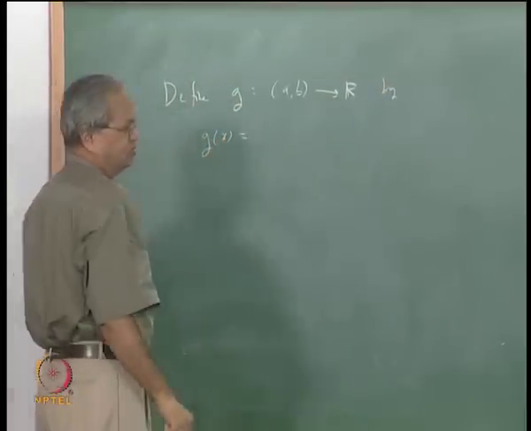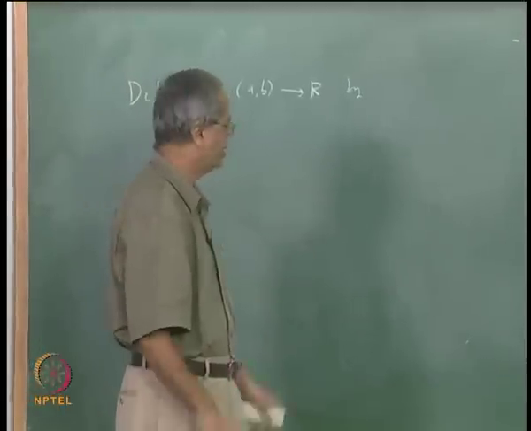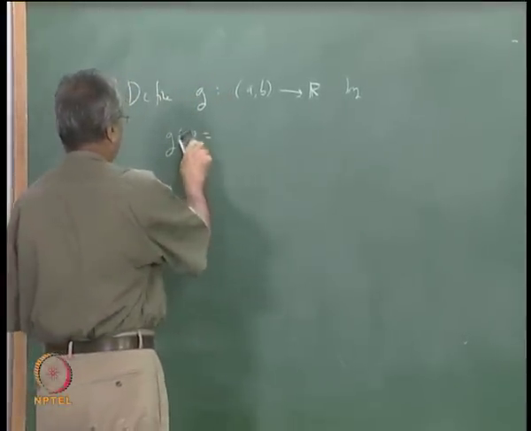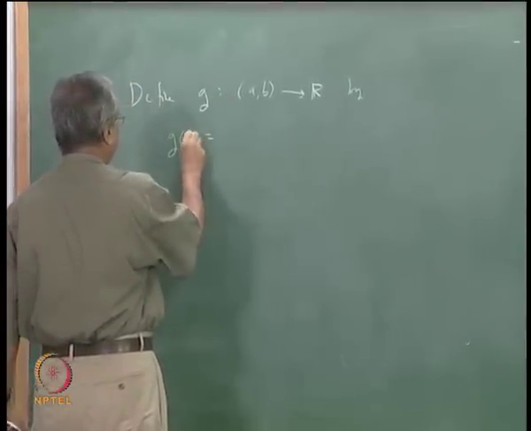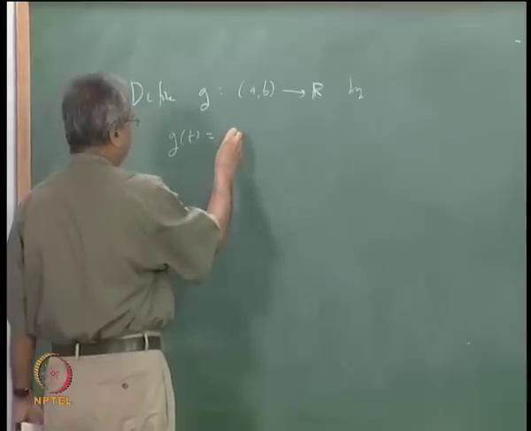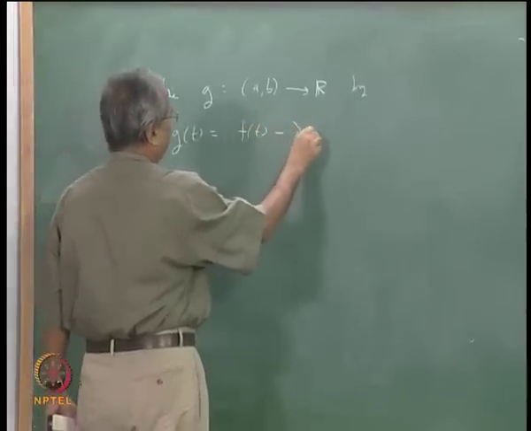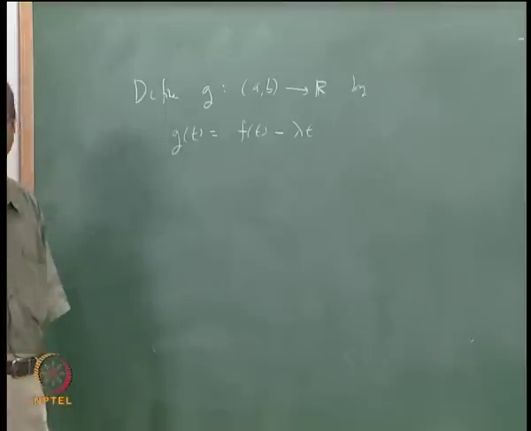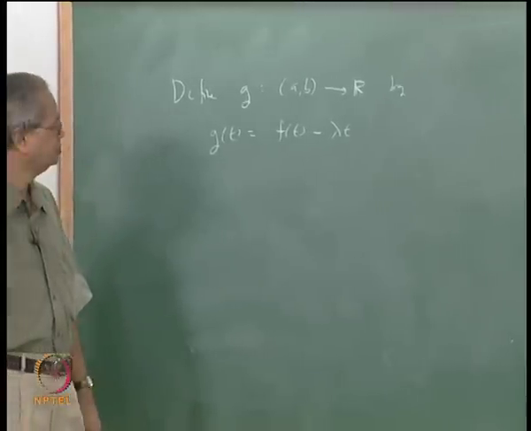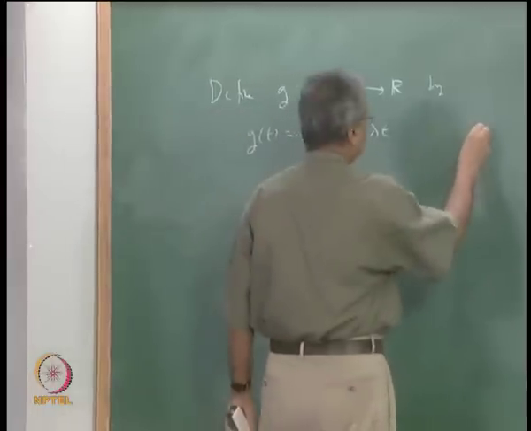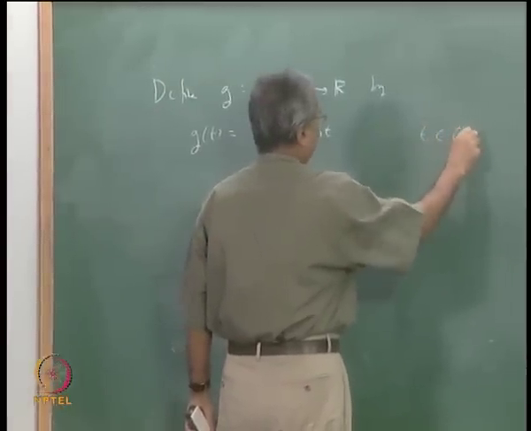Oh no, we already used that letter x, let us use some other letter here. Okay. G of t as f of t minus lambda times t, let us say f of t minus lambda times t for t belonging to AB.